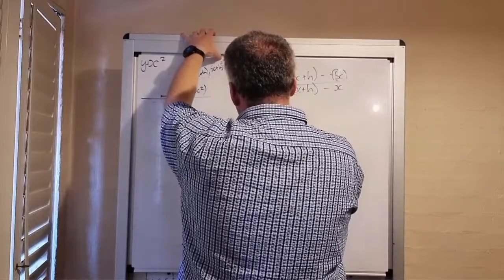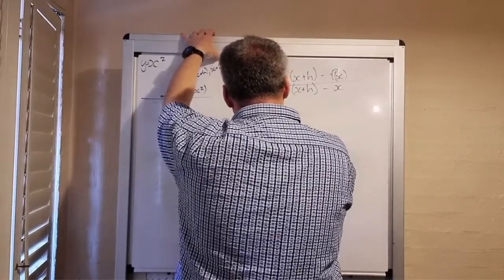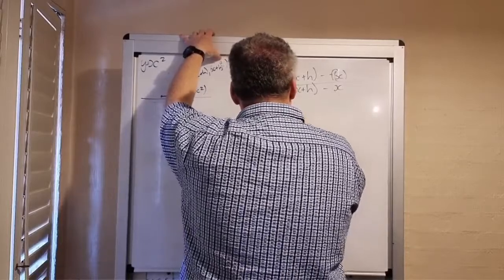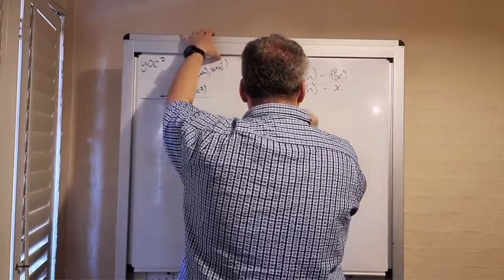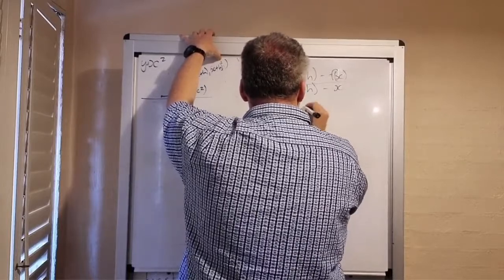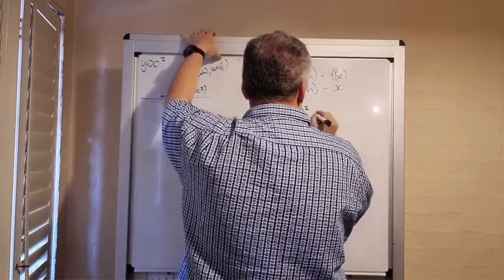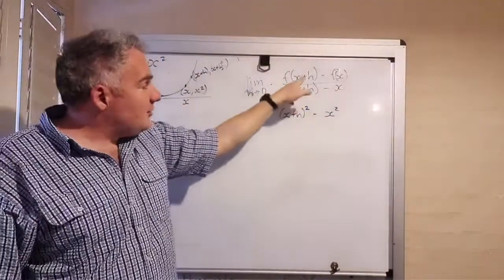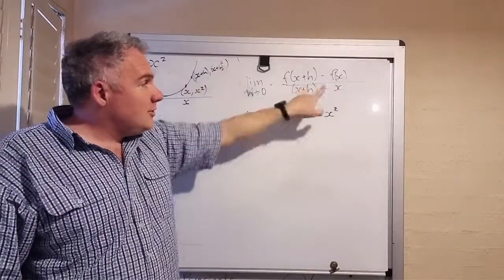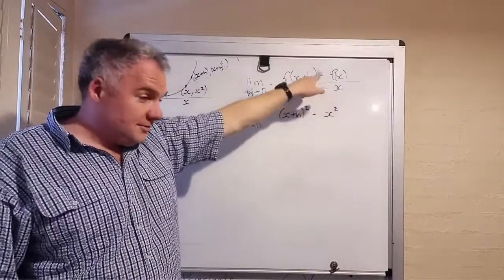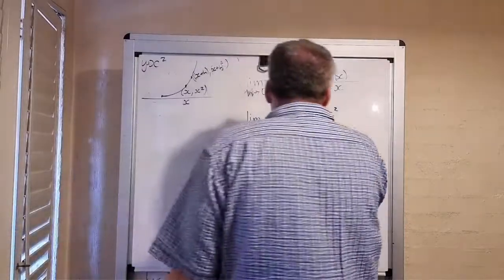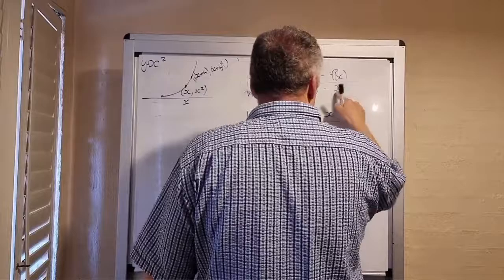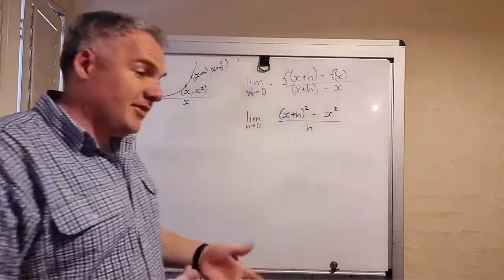So it's the limit as h approaches 0 of x plus h squared minus x squared, our function plus h minus our function, over h. X plus h minus x gives us h always. So you always end up with your h on your bottom.